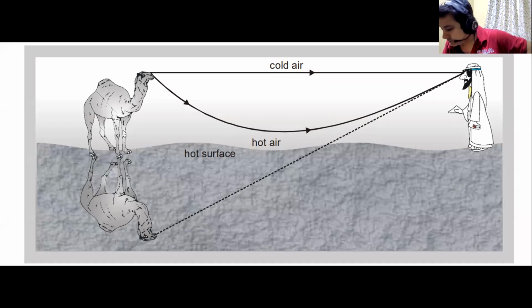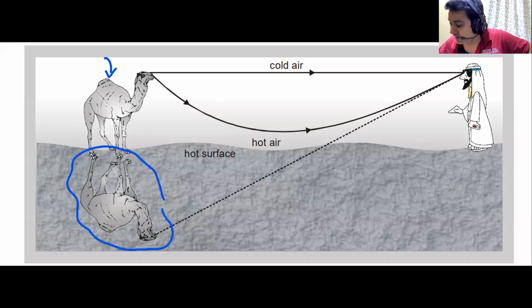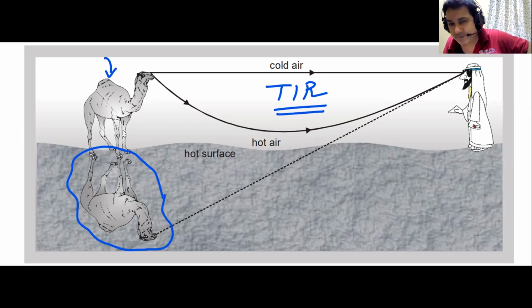It will be totally internally reflected. So this camel which is here can be seen here. Do we understand this? This phenomenon happens because of total internal reflection. Yes, sir.